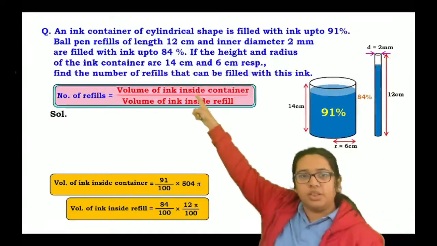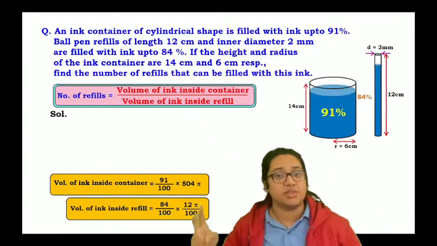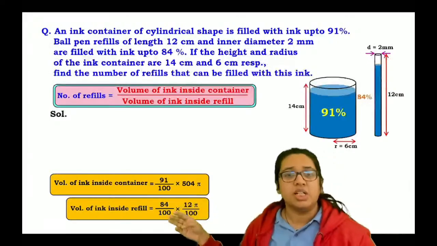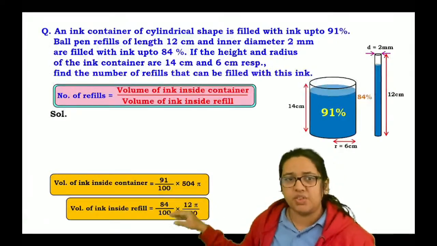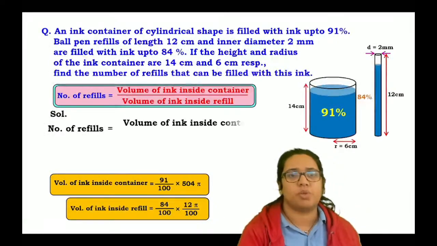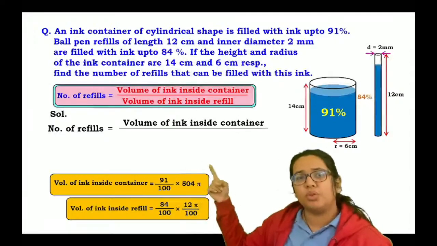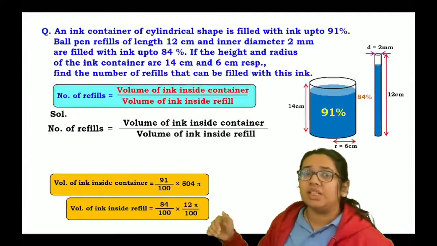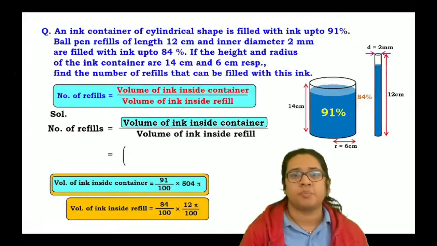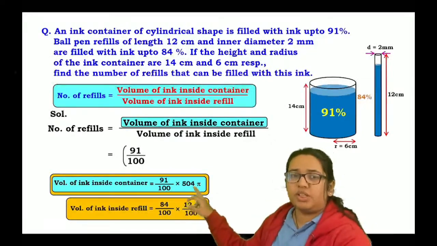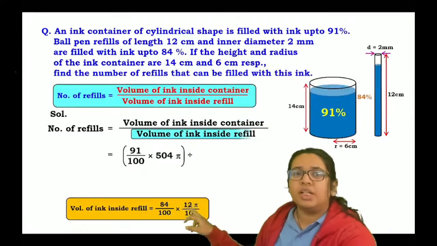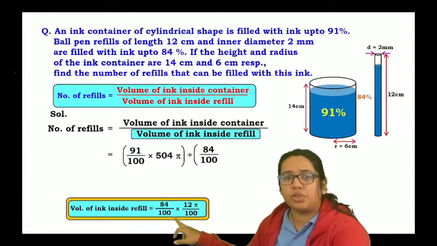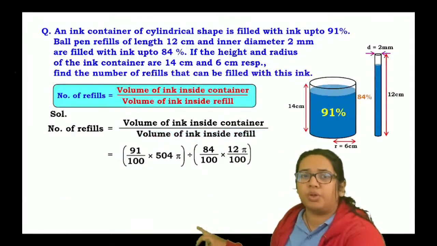Now we have the numerator as well as the denominator, so we just have to divide. The number of refills is the volume of ink inside the container divided by the volume of ink inside the refill. So 91 upon 100 into 504 pi divided by 84 upon 100 into 12 pi upon 100.